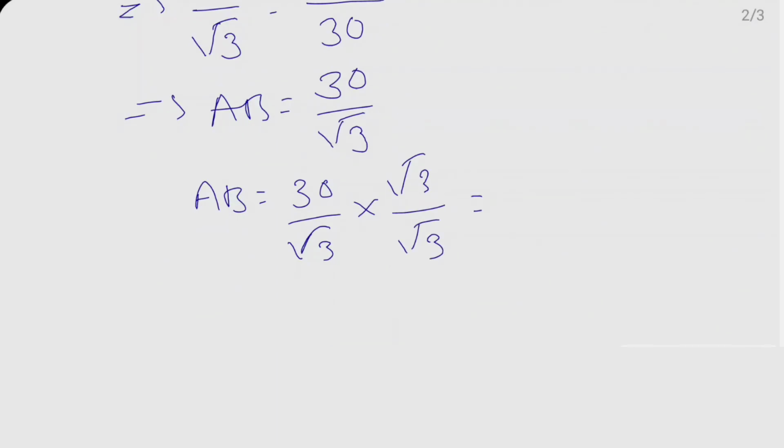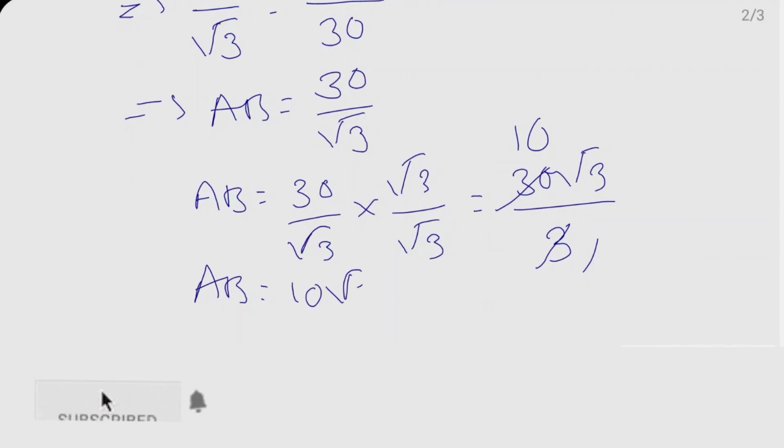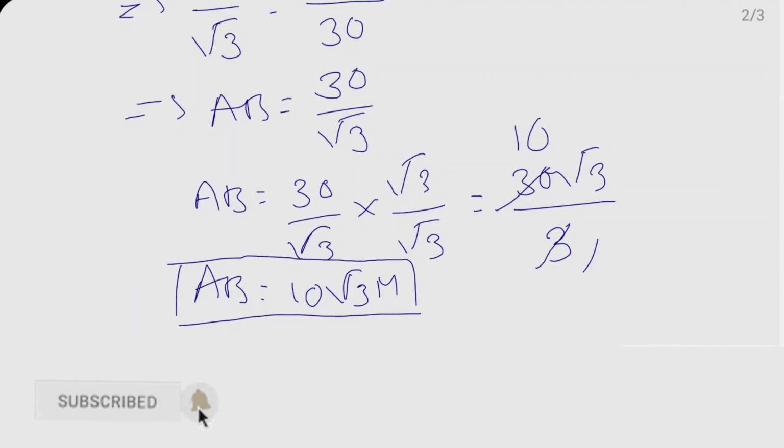So now 30 into root 3 is 30 root 3 divided by root 3 into root 3 is 3. So 3 ones are 3, 3 tens are 30. AB equal to 10 root 3 meter. It is the height of the tower.